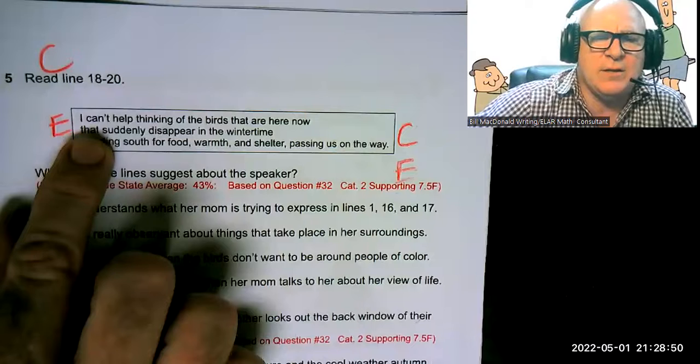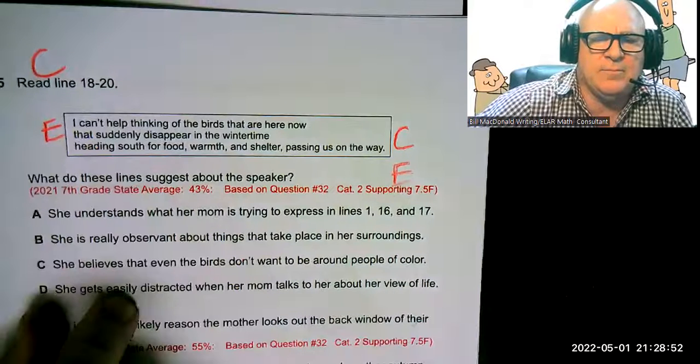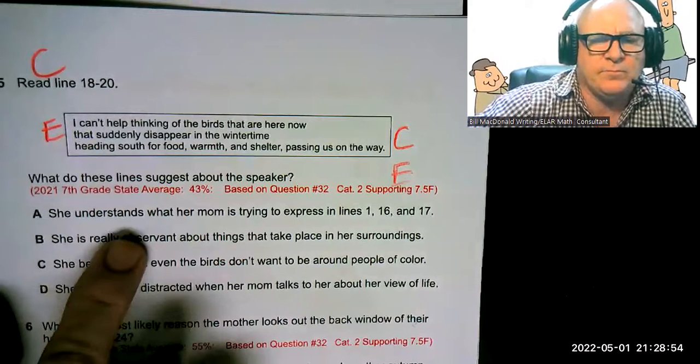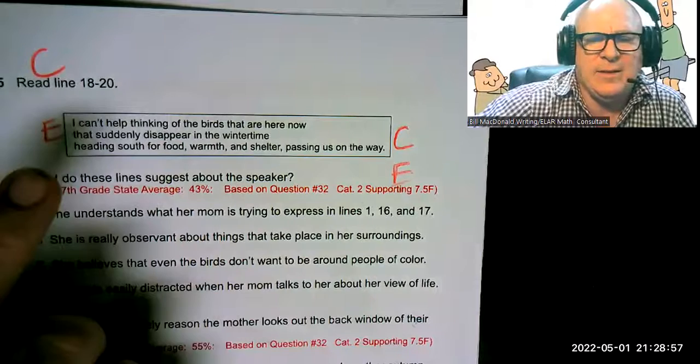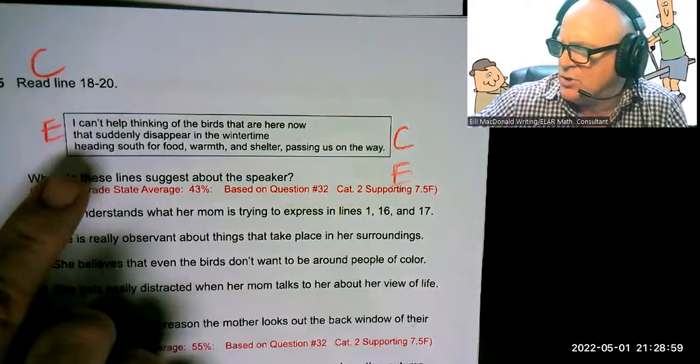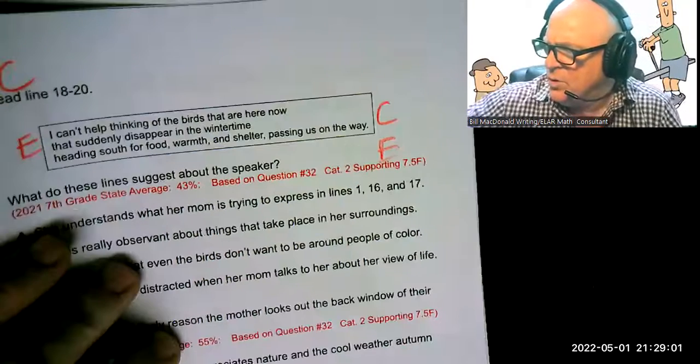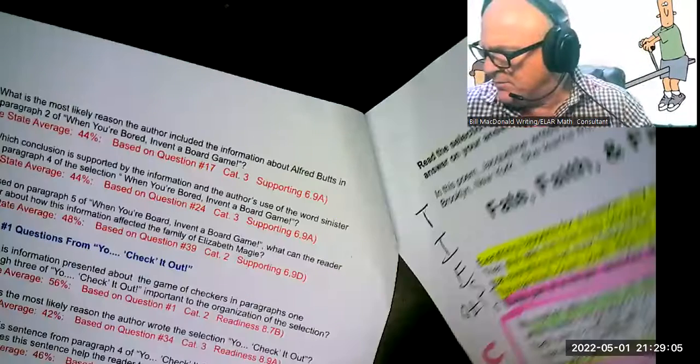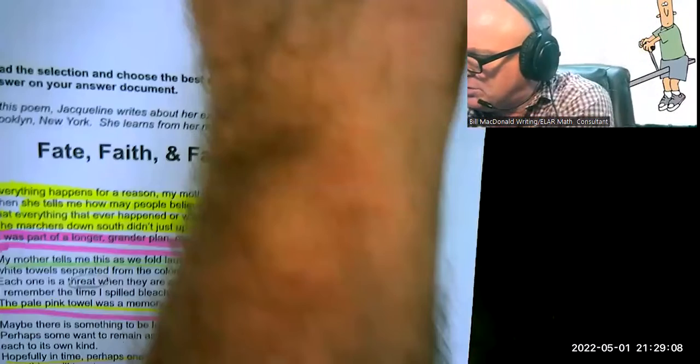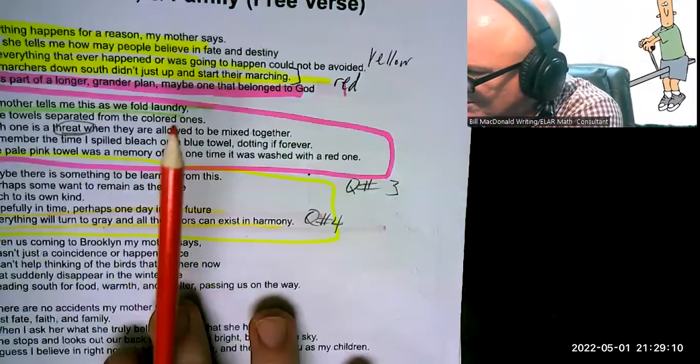So let's take a look at the lines before and the lines after to help us get a better picture of why the young lady starts thinking about the birds migrating.